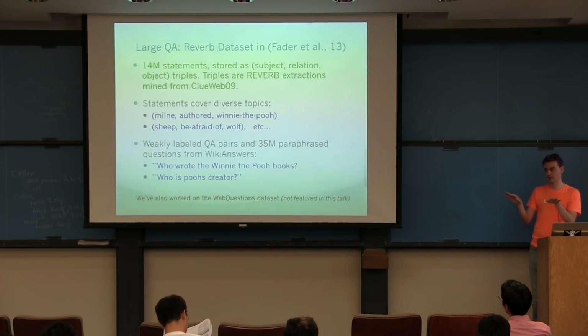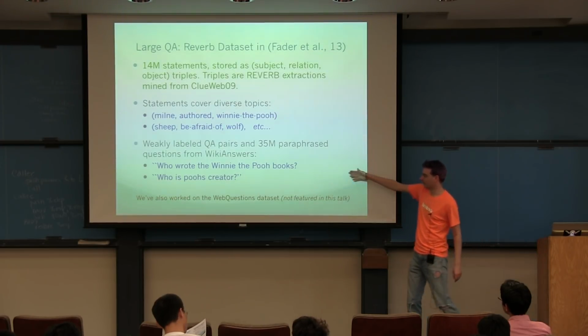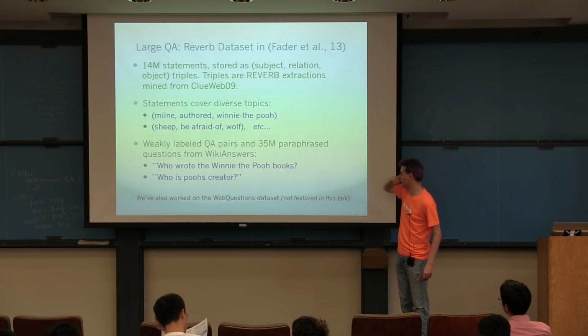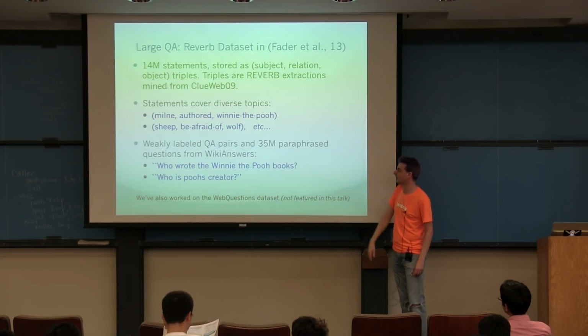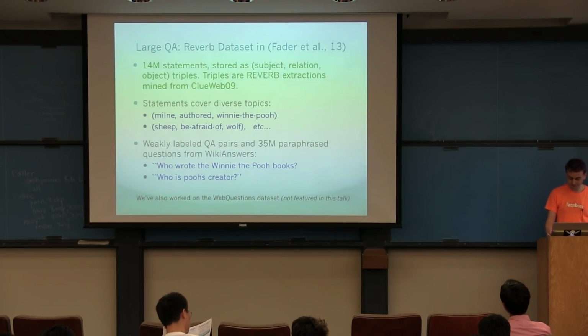You can say that these two questions should have the same answer, but you don't actually know what the answer is. That's how it's set up. So here's a couple, for example, these two: who wrote the Winnie the Pooh books and who is Pooh's creator? They're both paraphrases in that case, according to the data set. So that's the more real data set.